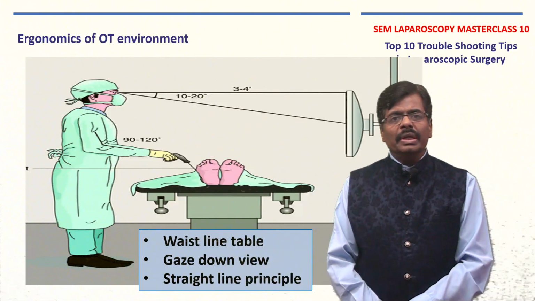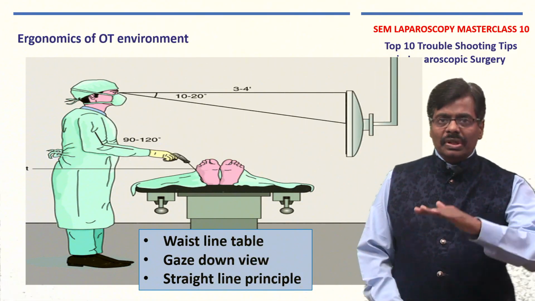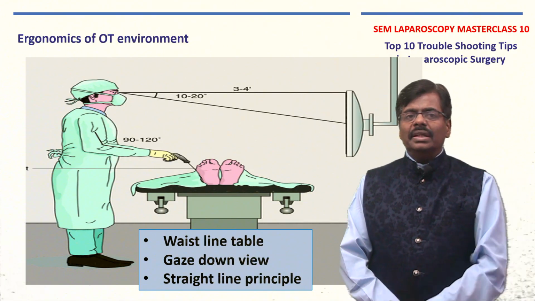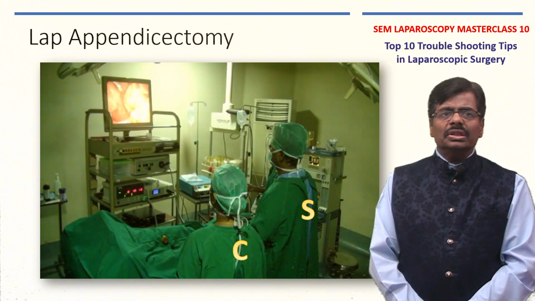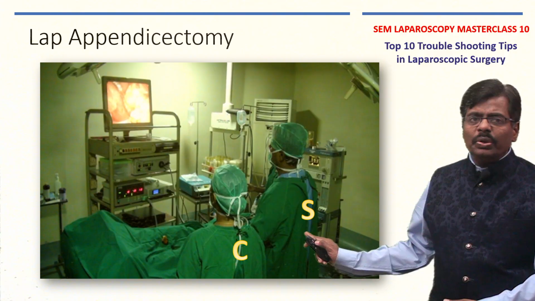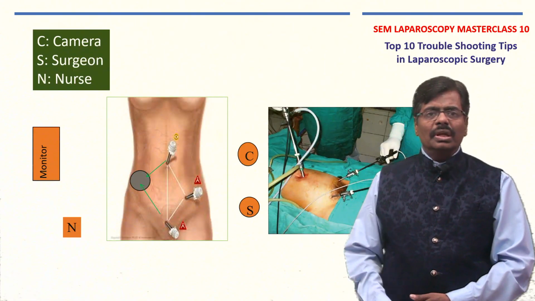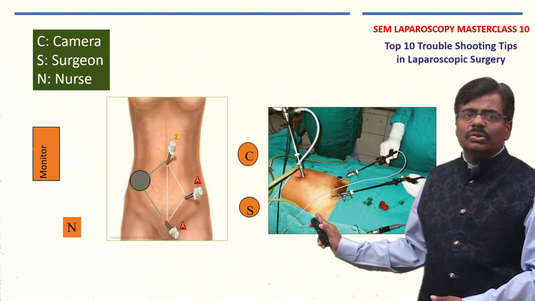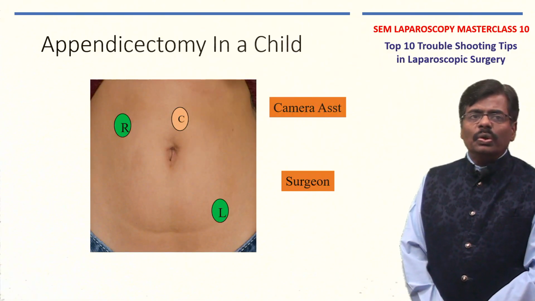All these things should be clearly seen, and stick to all the ergonomic principles of the low waistline table, gaze-down view, and also the straight line principle, all those things. For example, here I am showing you the appendix where I am standing, my assistant in one position, a typical position for appendix. So, all this should be depicted, or the staff should know exactly.